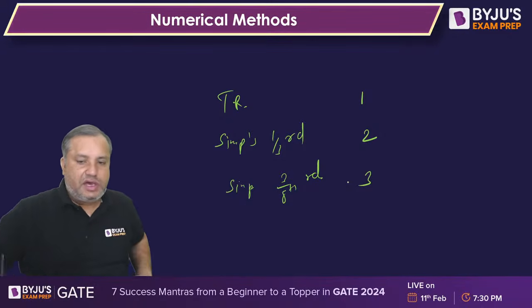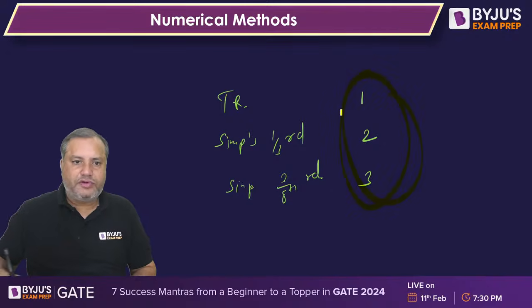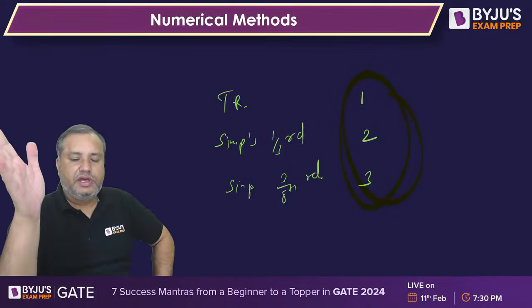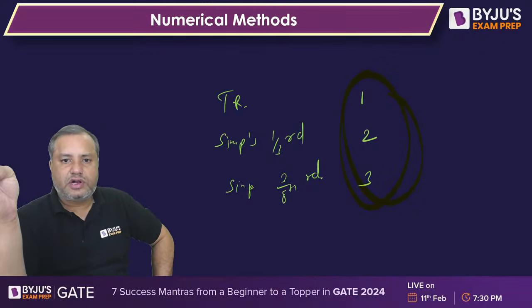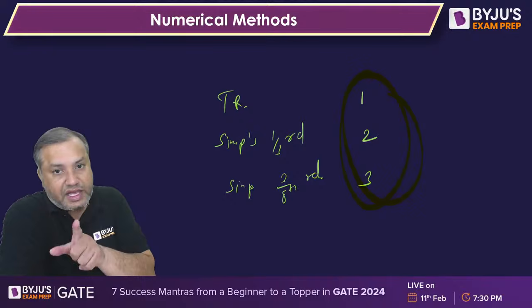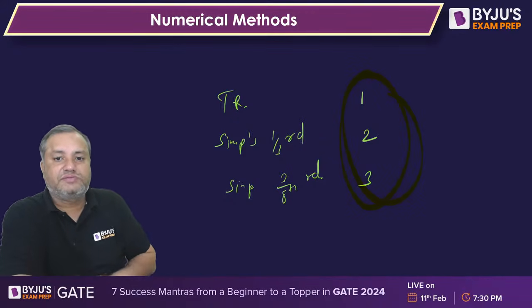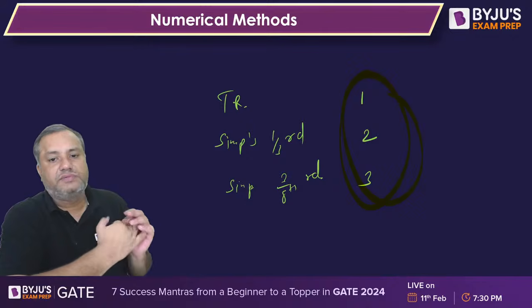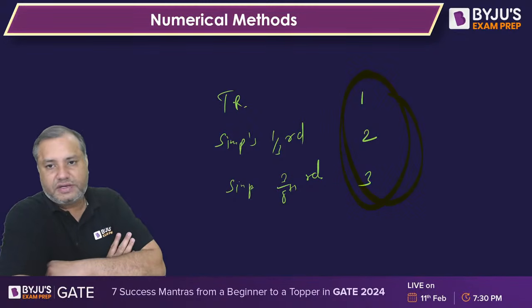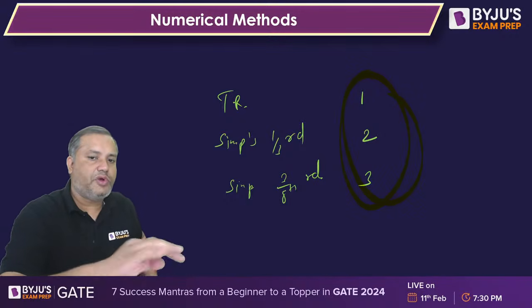Remember this. And the same is the order of the fitting polynomial. Got it? These 1, 2, 3 are also known as the order of the fitting polynomial.